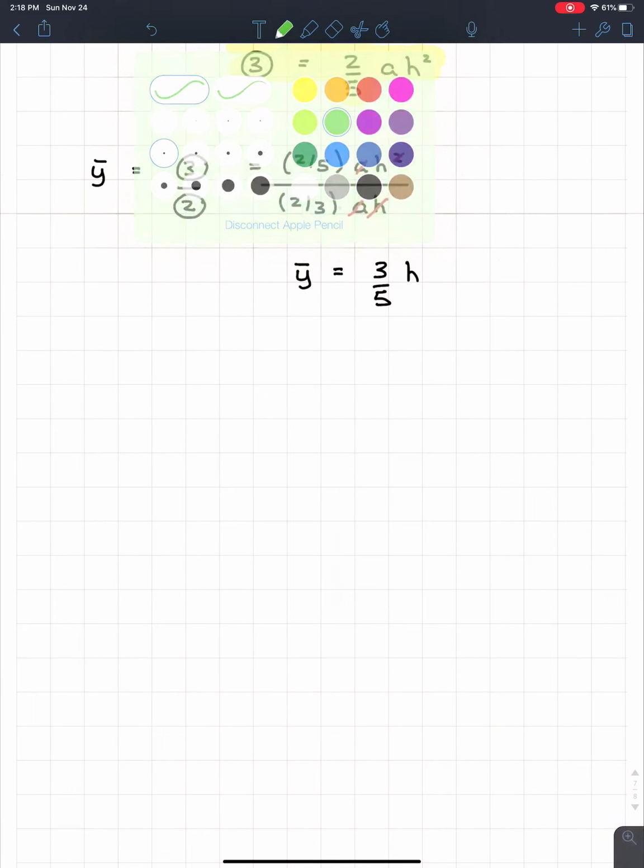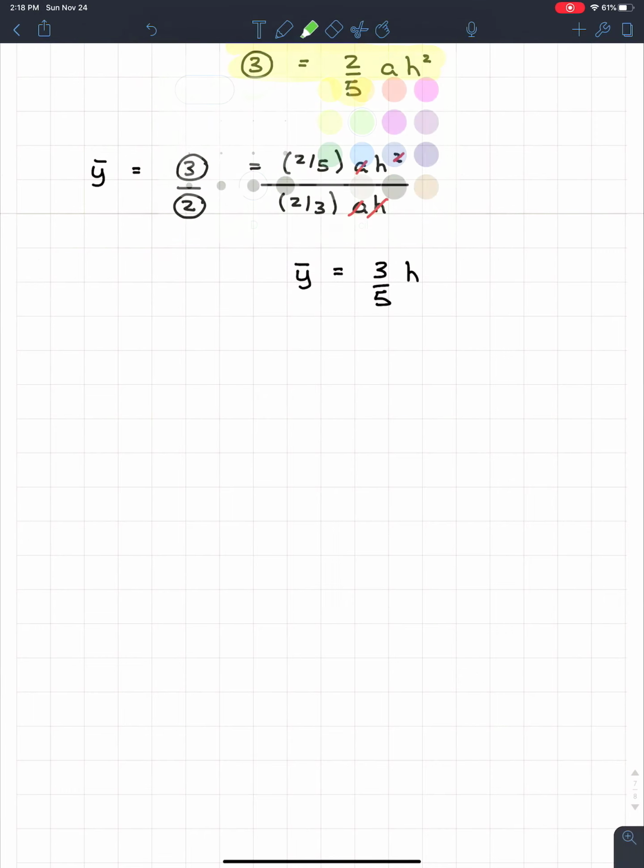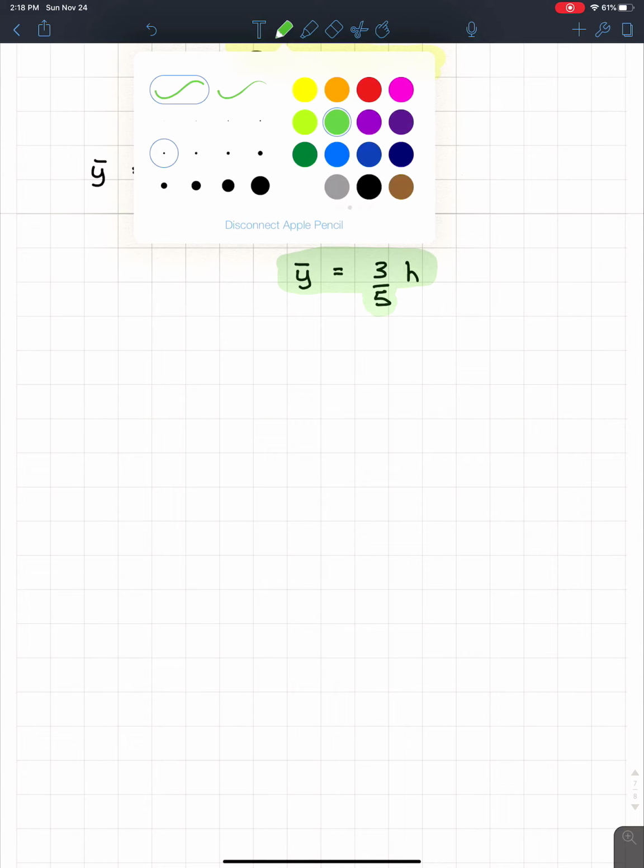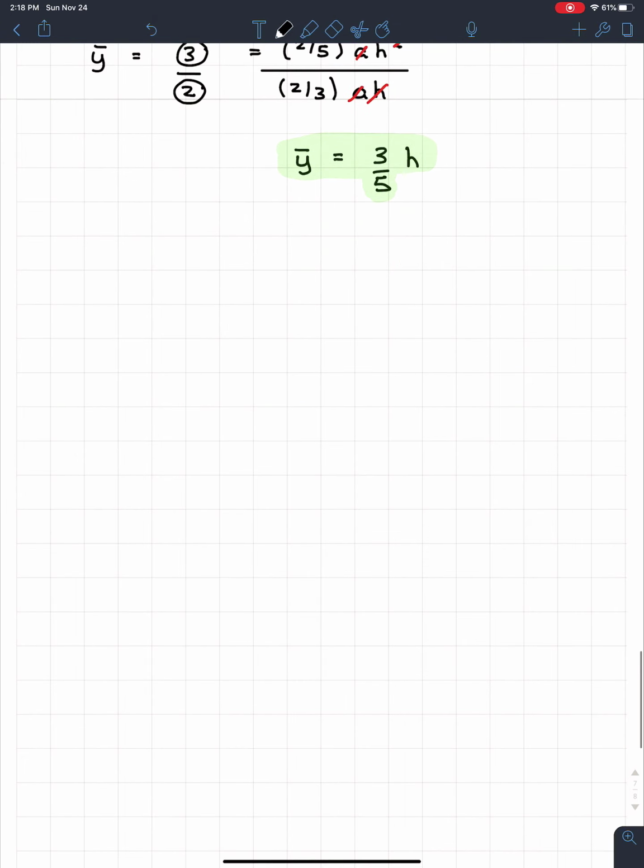Well, this isn't our final answer, so I'm going to highlight this. So this is one of the two answers. Make this look kind of nice. So in the end, we can conclude that for our centroid, what you should do for your answer is you're going to go x bar, comma y bar.